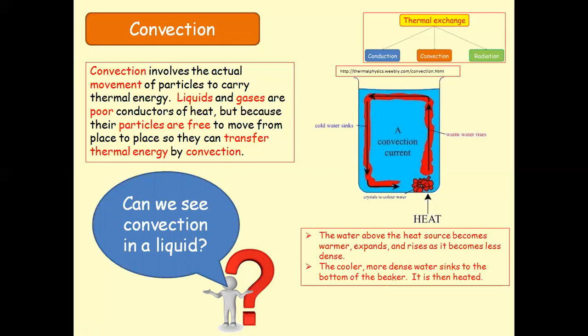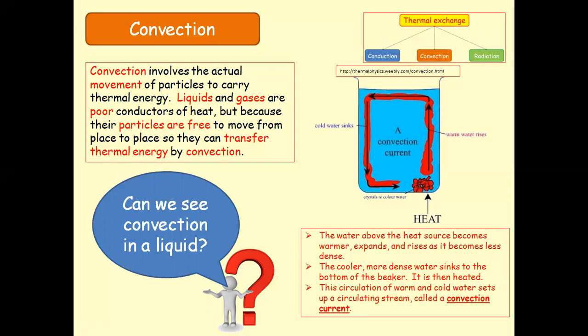Then the cooler, more dense water sinks to the bottom of the beaker. It is then heated up, and then it will rise. This circulation of warm and cold water sets up a circulating stream called a convection current.